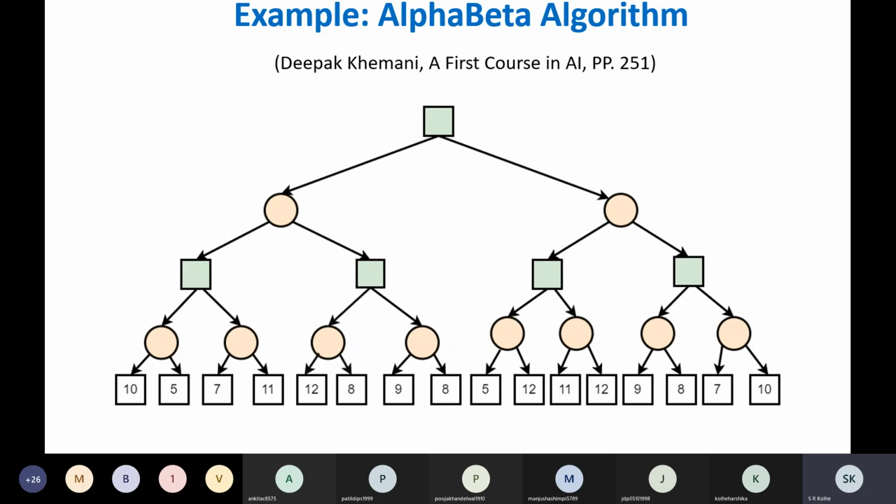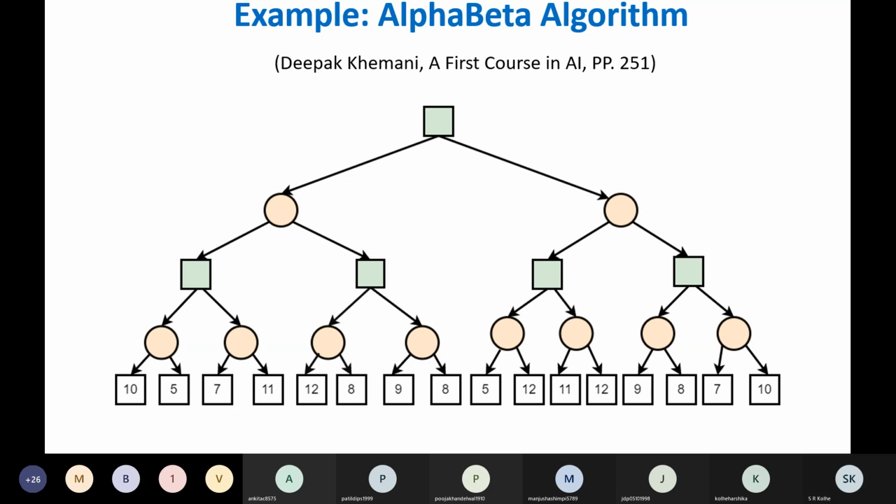How many strategies will there be for this game tree, all possible strategies? 8. Correct. Now you will have to find out the set of nodes which will cover all these 8 strategies. How to do that? At max you select all, at min you select 1.